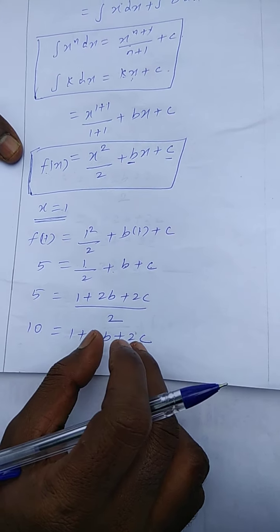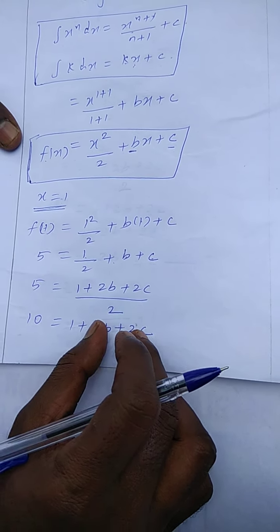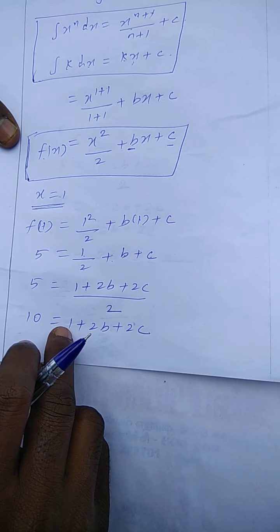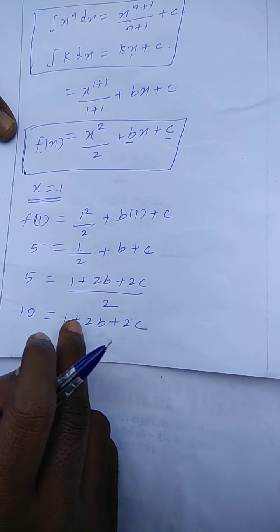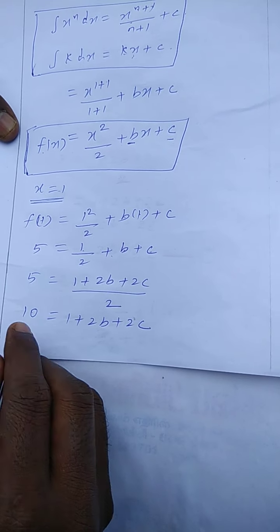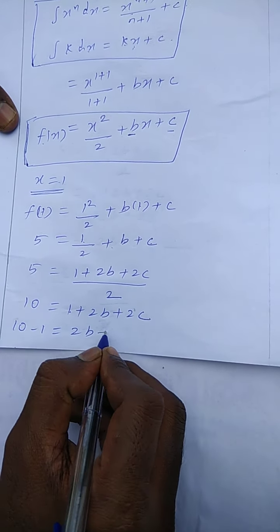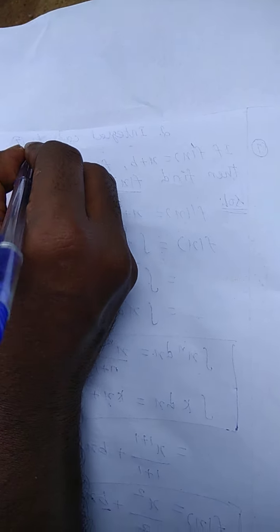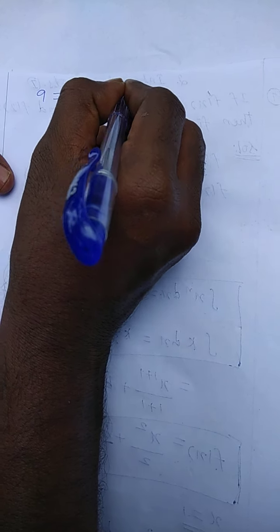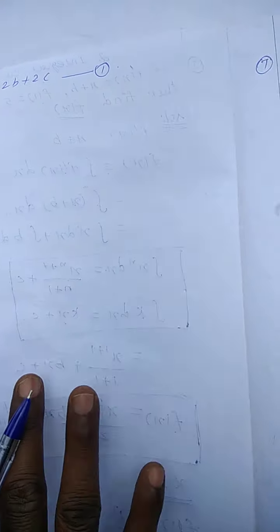Now we separate variables on one side and numbers on one side. The number is on the left hand side, the variables on the right hand side. So plus 1 will transpose to minus 1: 10 minus 1, 9, equal to 2b plus 2c. This is equation 1.